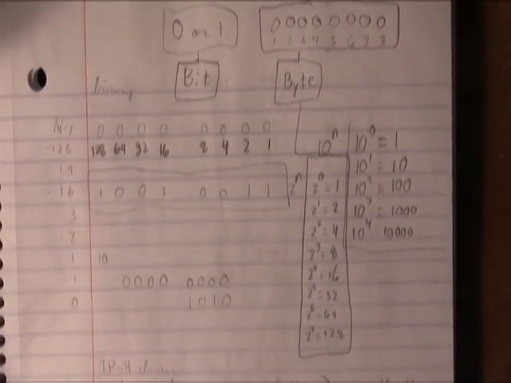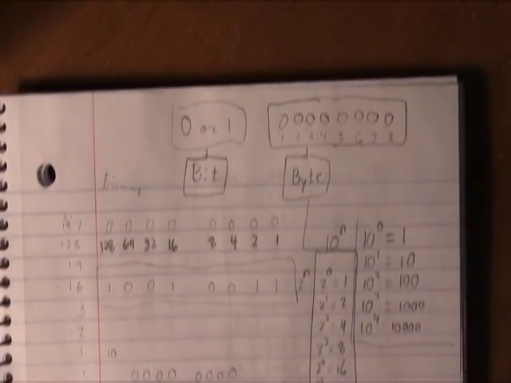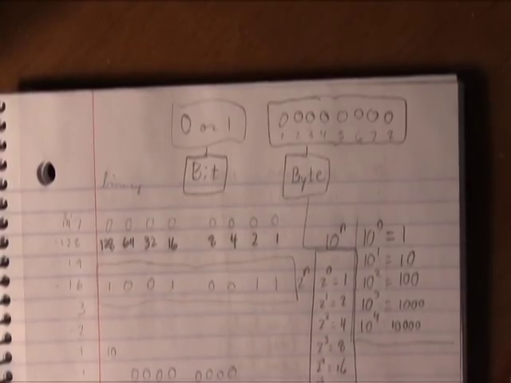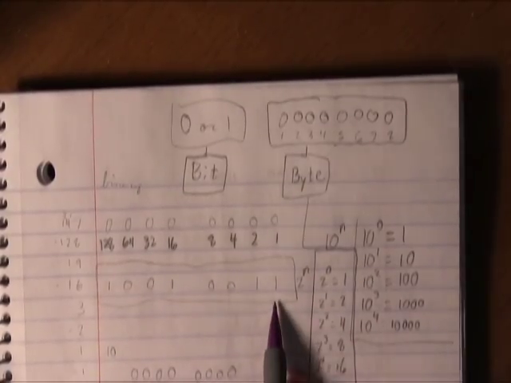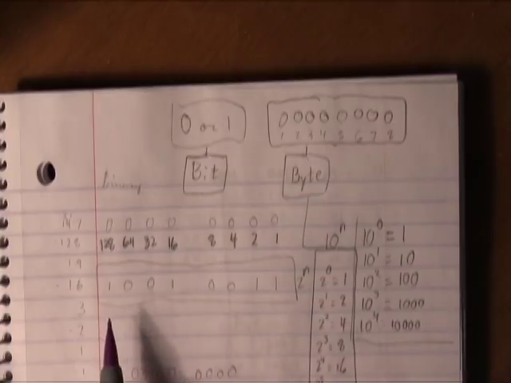So, what does this mean? Each of these have a value. What is this number right here? What is the decimal value of this binary number?